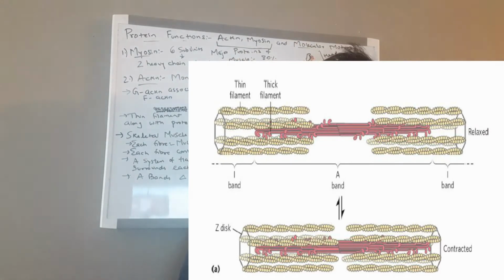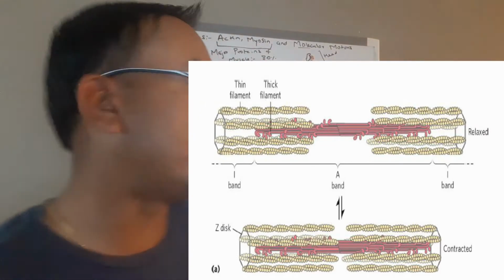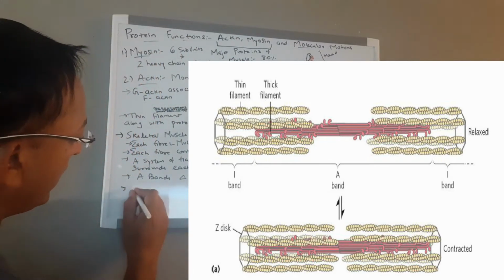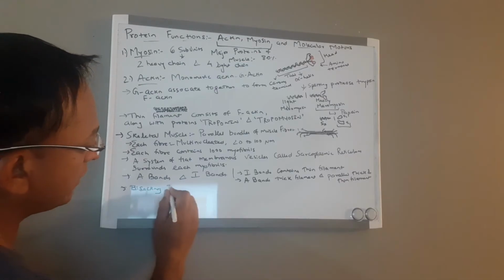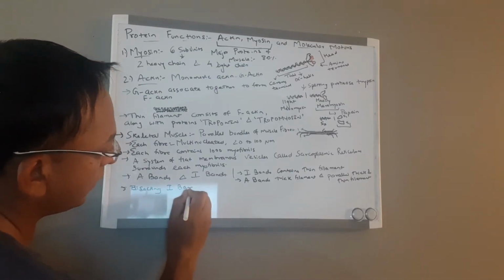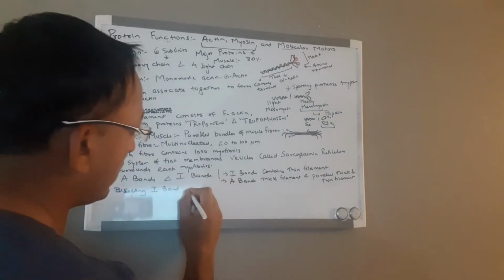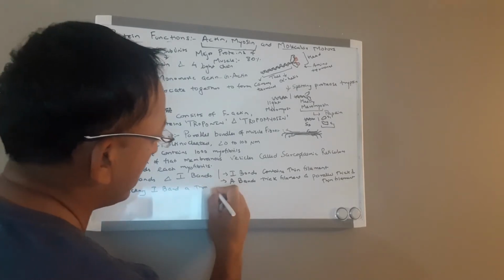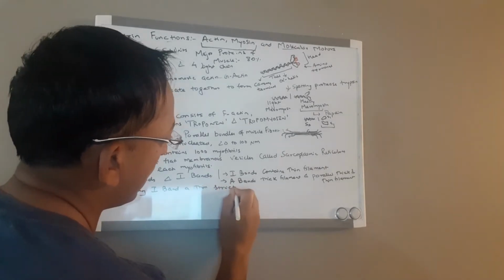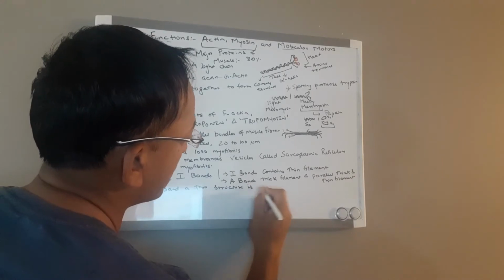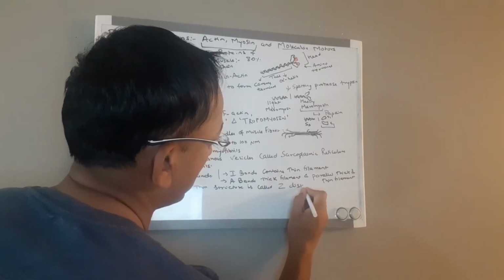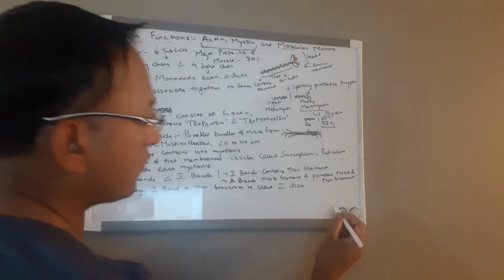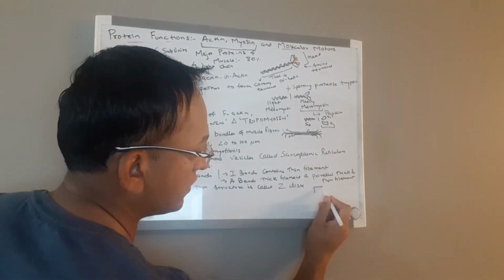Bisecting the I band, a thin structure that is called the Z disc.